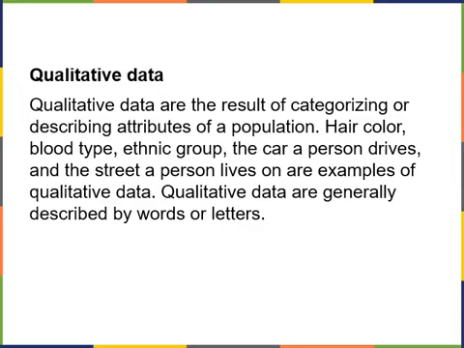For example, if I live on Main Street and you live on 3rd Street, there's no ranking there. In other words, it's just a description of the street that you live on. So qualitative data are generally described by words or letters.